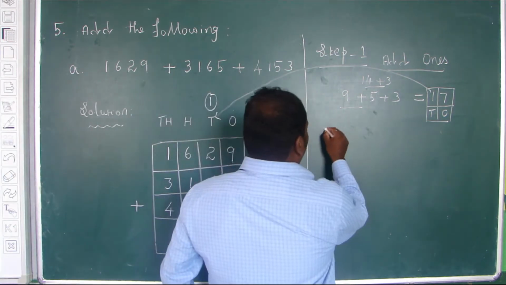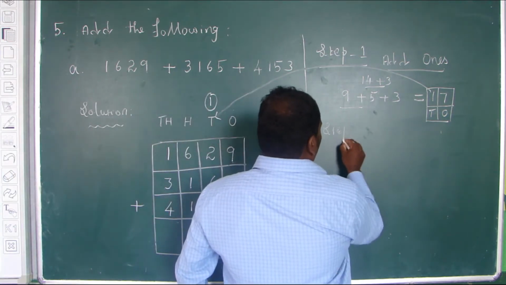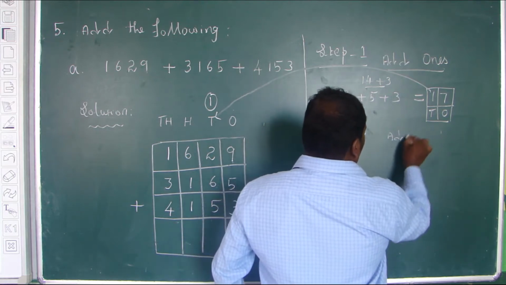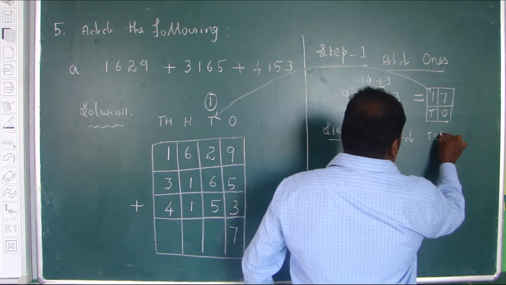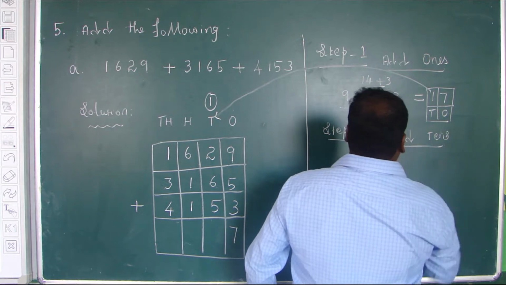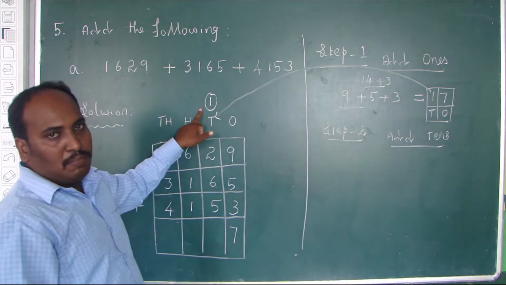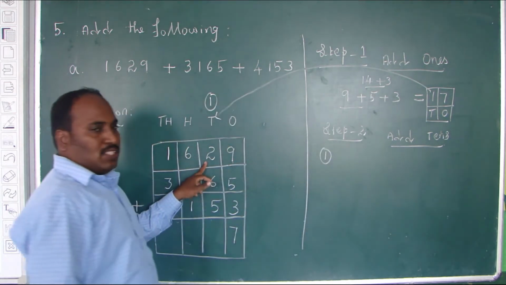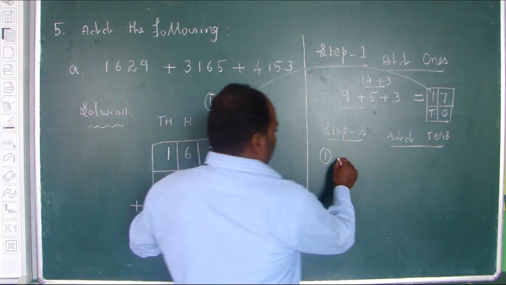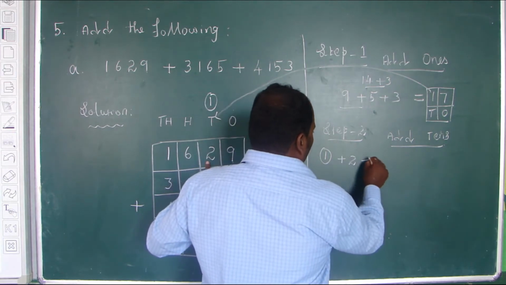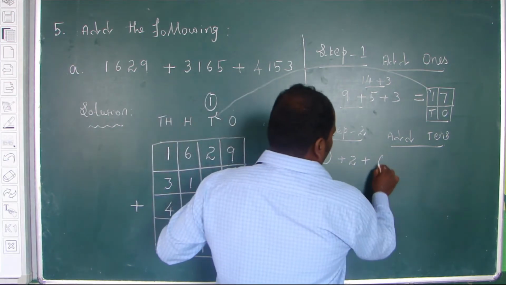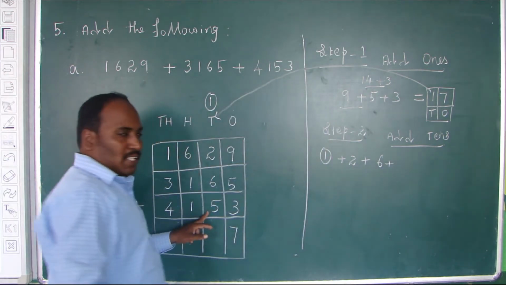Step 2, add tens. Carry out the number 1 plus 2 plus 6 plus 5.